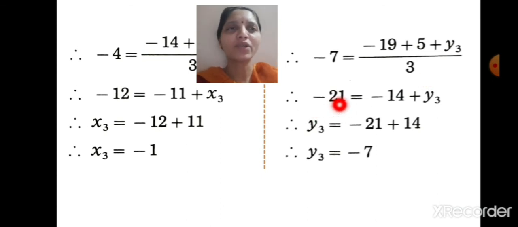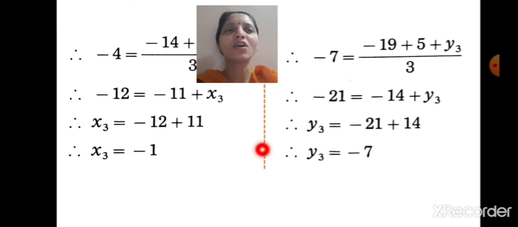So -21 is equal to -19 plus 5. Again you will find the difference and you will give bigger number sign. So you will get here -14 plus y3. Now shift this -14 to the other side. You will get y3 is equal to -21 plus 14, that is equal to -7. So we got the value of y3.